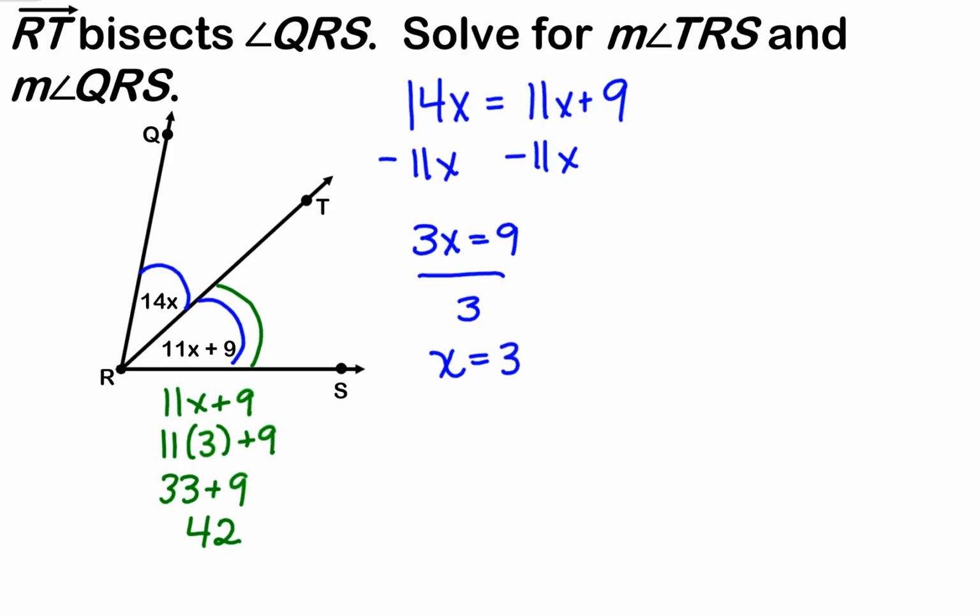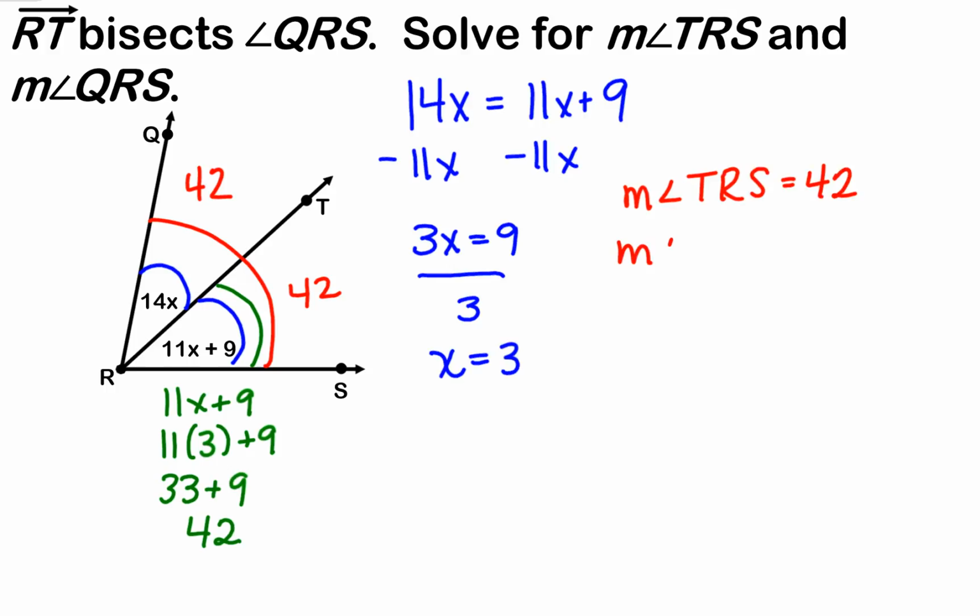And if they ask for the entire angle, this whole larger piece, then I know that this piece would be 42, and this one would also have to be 42 because they have to be equal, so it would be 84. So the measure of angle TRS is equal to 42, and the measure of angle QRS is equal to 84.